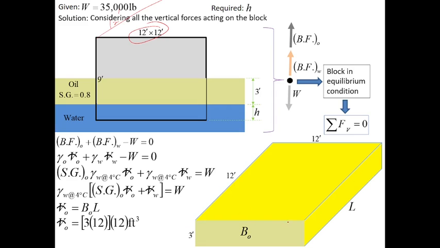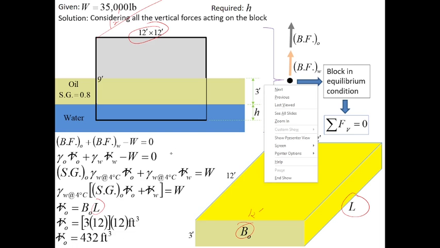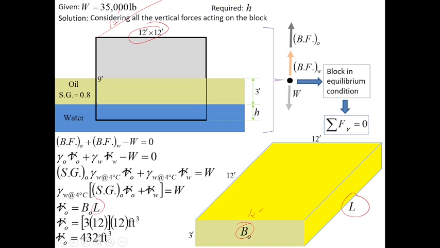So, area of the base, BO, multiplied by the length. So, ang area niyan ay length times width, 3 times 12. So, 3 times 12 times length is 12. Ito yung length na 12 feet. Ayan. So, magkakaroon ka ng answer na 432 cubic feet.